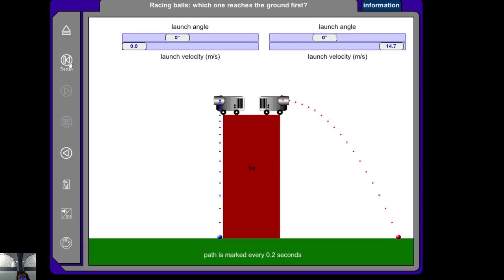Now, if I want, I can make one just drop, and this one with an angle like this. So in that case, of course, this one will reach the ground first because this one now has an initial velocity along the y. So it's not just dropping along the y, it's going up and then it's going down.